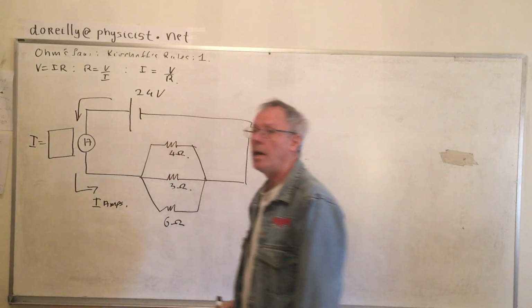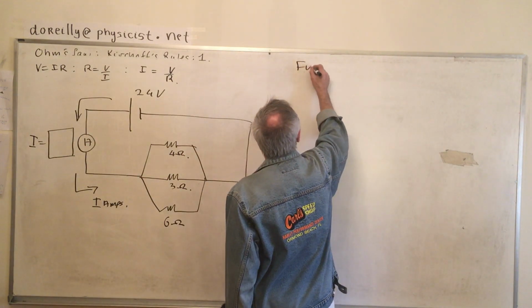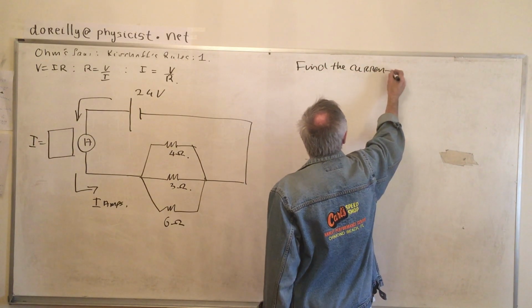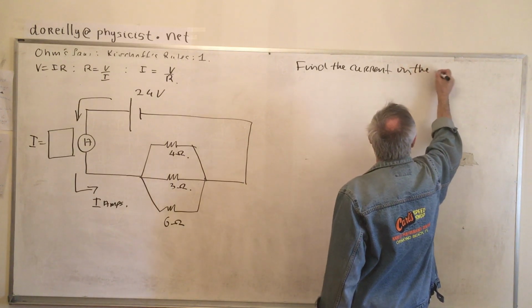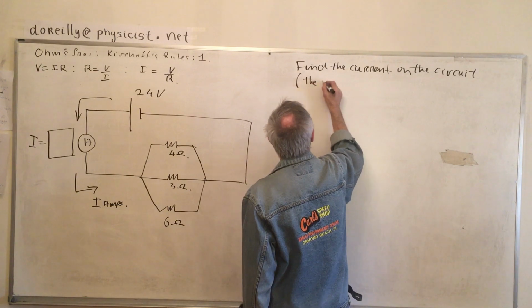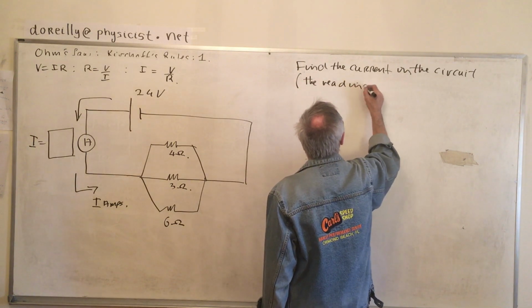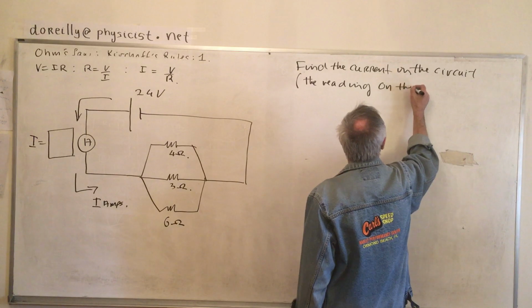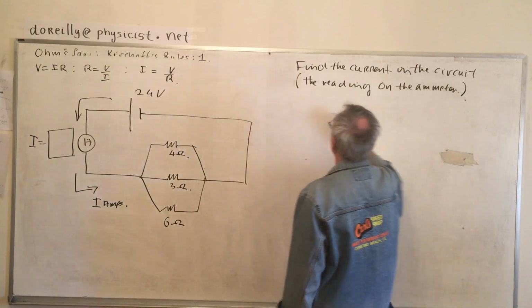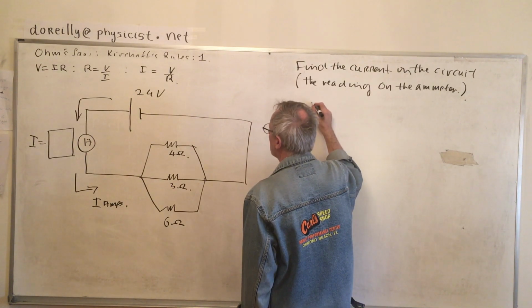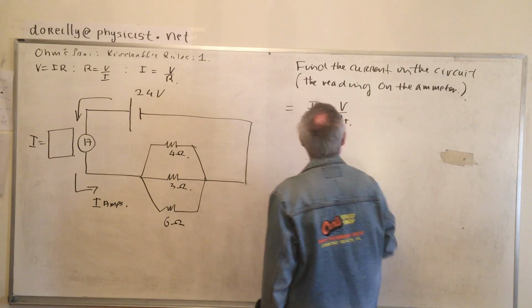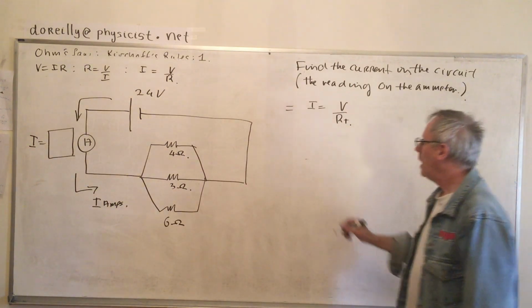We need to know what is the I. Well, I is going to be V over R total. And we have a formula.